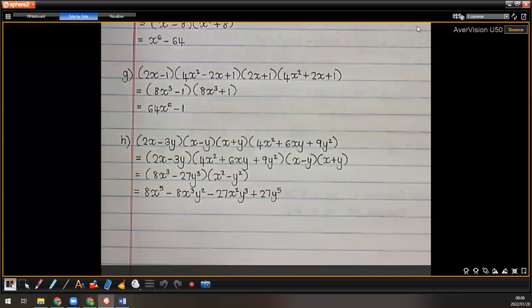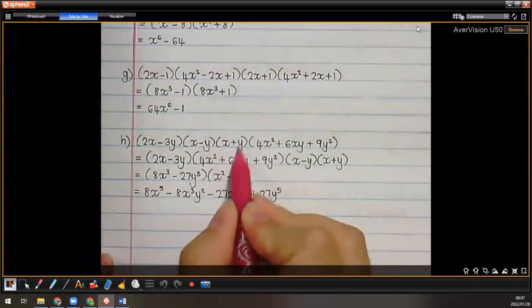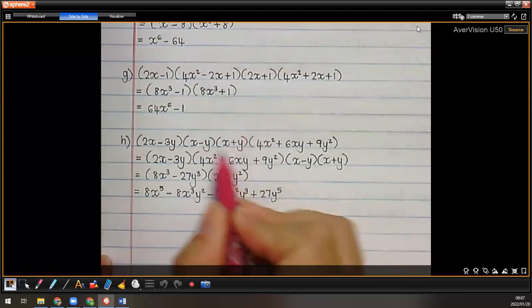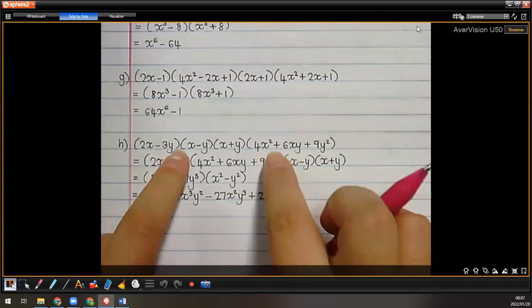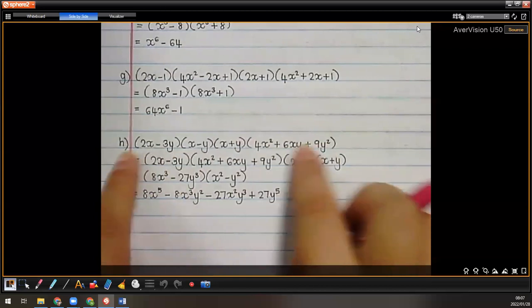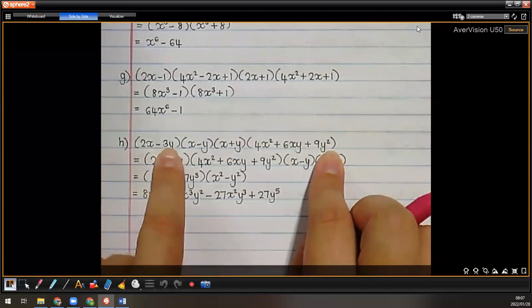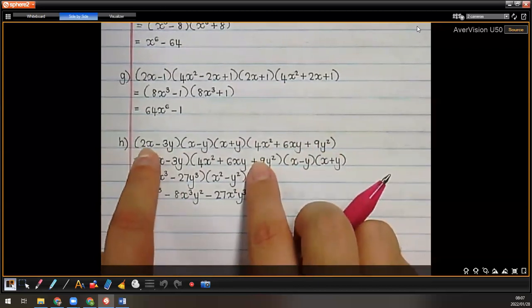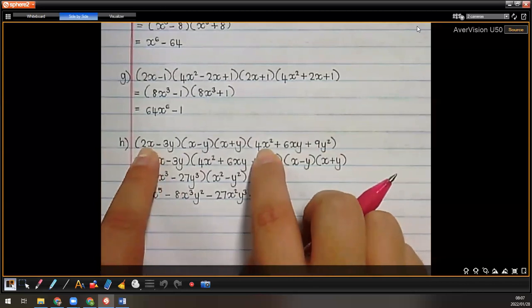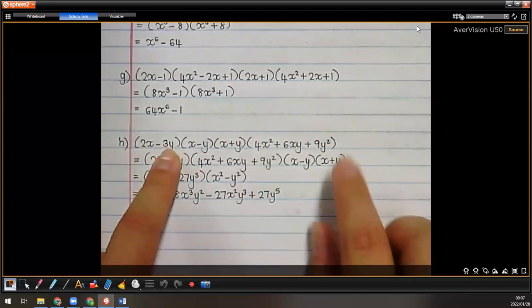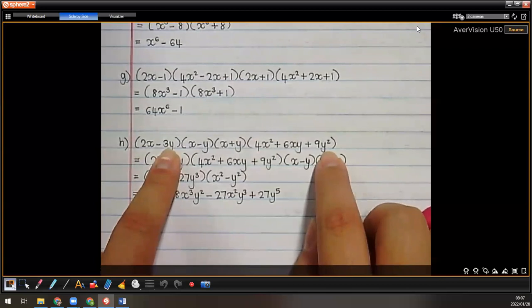So what I did for this one is I did almost like a grouping thing because I noticed straight away, okay, there we're going to have a difference of 2 squares with those middle two brackets. And then I checked, do I have some kind of pattern with the other two? 2x minus 3y, do we see there that 2x, if I square that, I'm going to get 4x squared. If I square negative 3y, I'm going to get positive 9y squared.